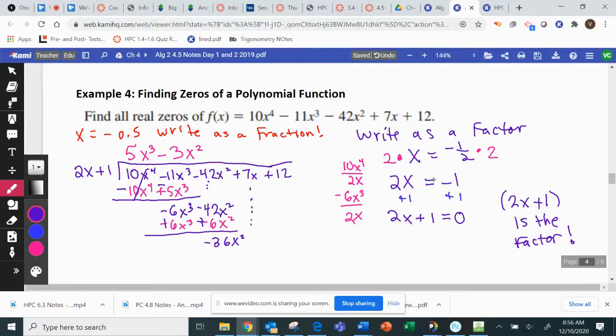Bring it on down and bring it on back. This time negative 36x squared divided by 2x is going to give me negative 18x.